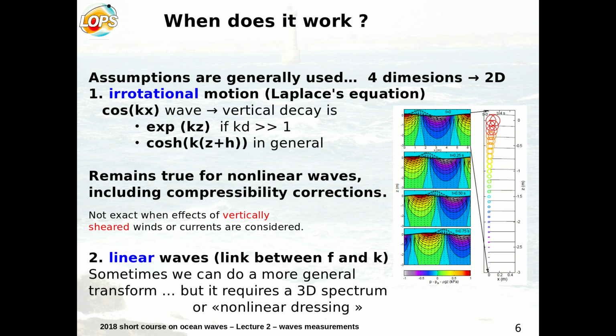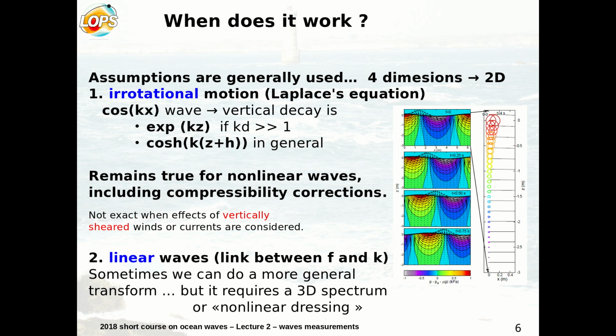It's a bit more complicated, and it carries much more information. But most of the time, you can compute the 3D nonlinear effect of the spectrum just from the regular 2D linear part of the spectrum. So waves are nonlinear, but they are weakly nonlinear. And there's a way to go around these two assumptions if you have to.